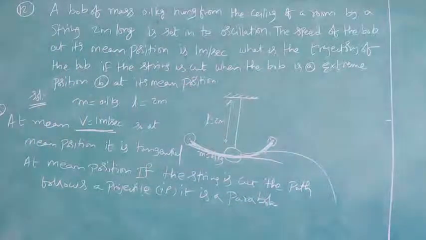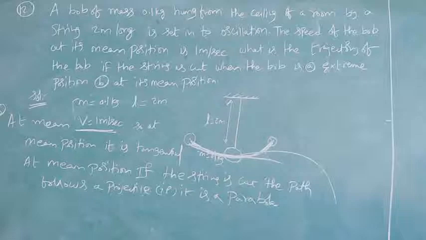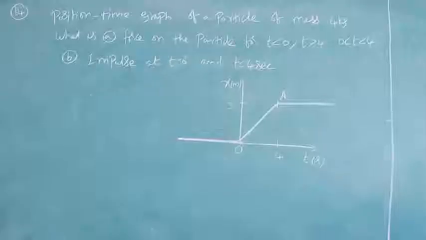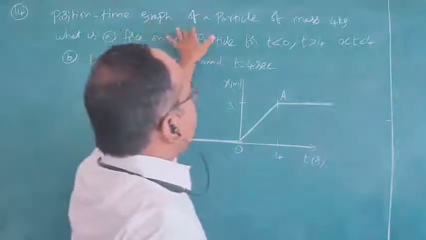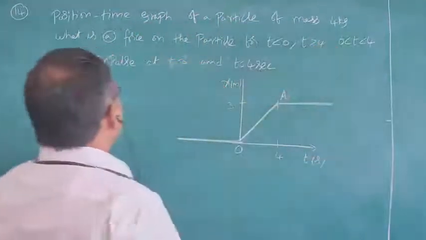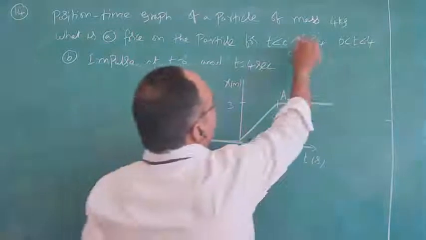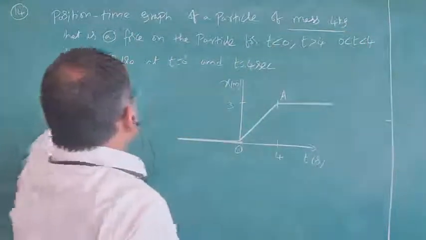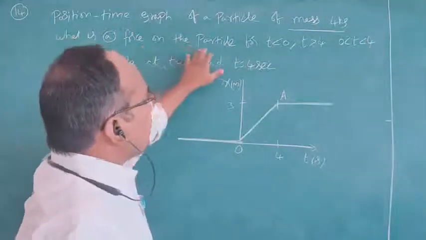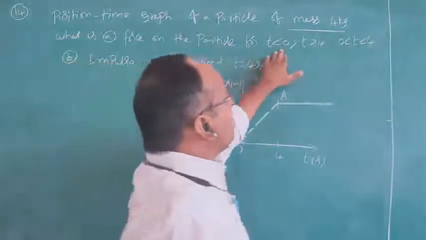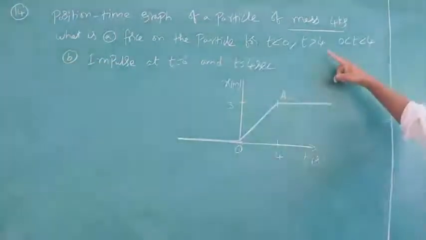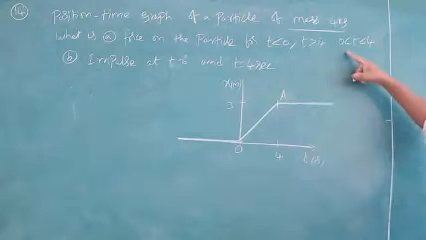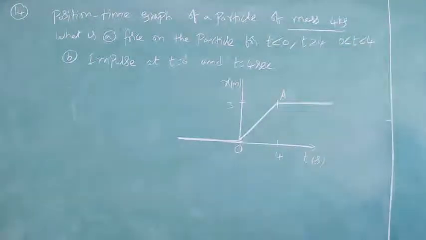Okay. So this is also the theory question of 5.12. Position-time graph of a particle of mass 4 kilogram. What is the force on the particle for t less than 0, t greater than 4, and 0 less than t less than 4?